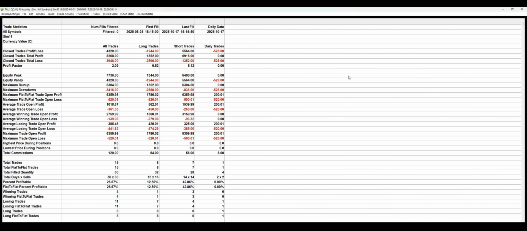Okay, so to recap, in a prior case study, we ran this exact same system, exact same settings. The only thing that we changed in this case study is that we switched from the E-Mini S&P 500 over to gold.